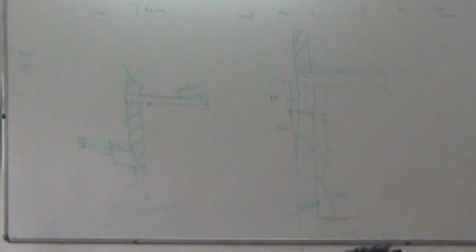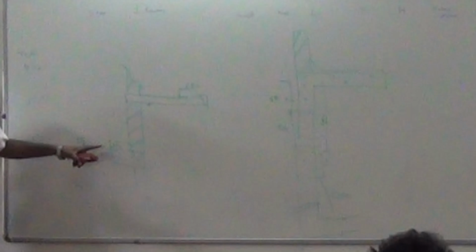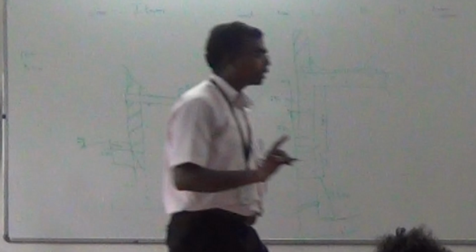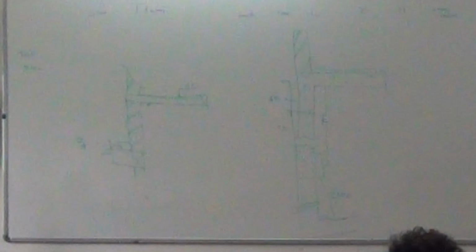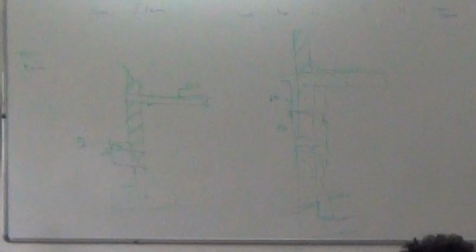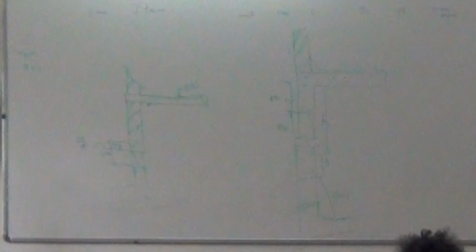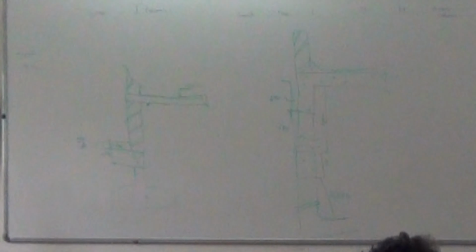If suppose I am going to go from finished floor level, this is another extra 900 mm below the flooring, 900 minus 125 mm.